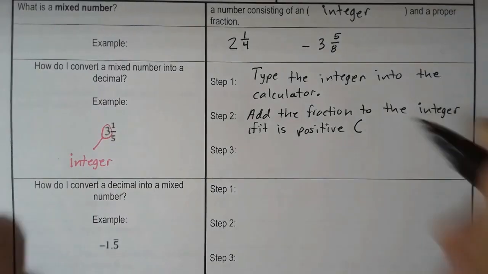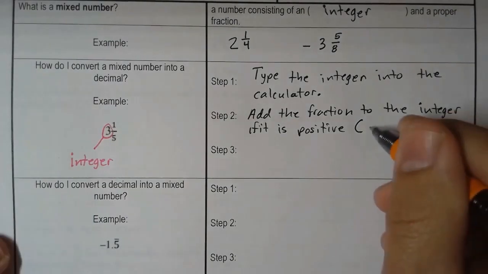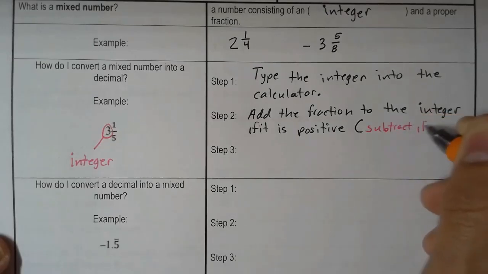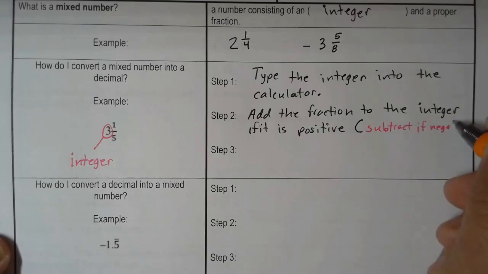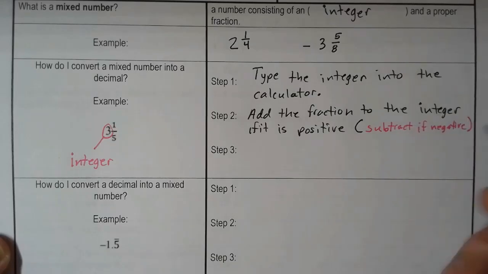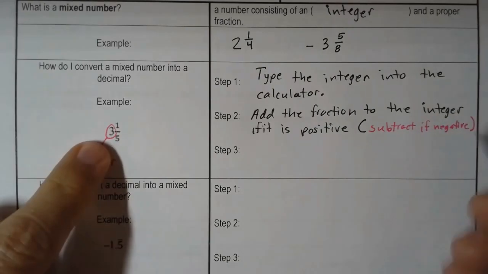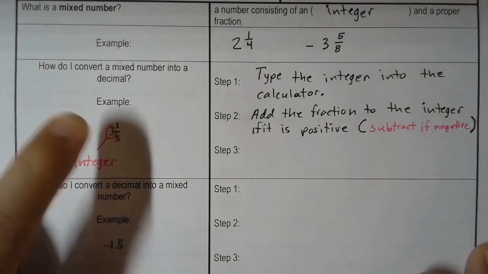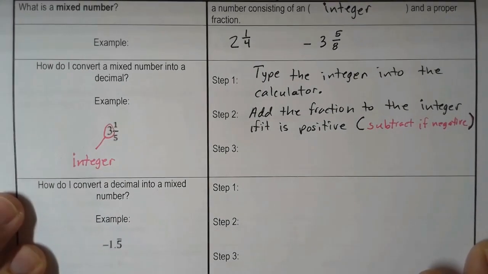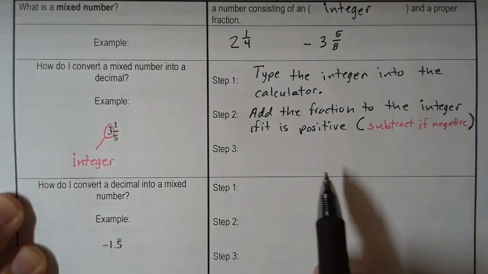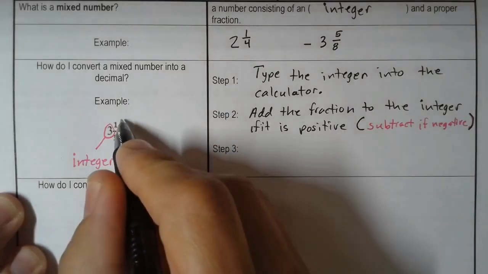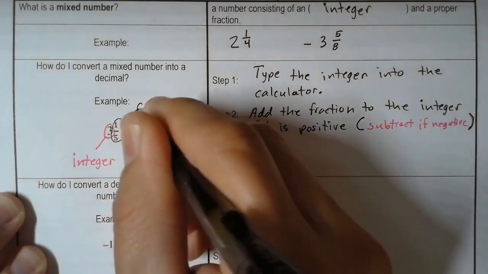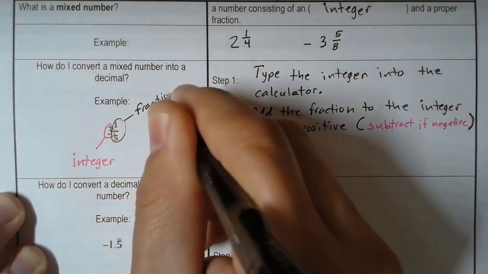And we're going to put a note right here: subtract if negative. In other words, if that integer in front of the fractional value is negative, you're going to have to subtract it instead of add it. And I'll show you why in just a moment. When I'm talking about the fraction, I'm actually talking about the 1/5. So we're going to say that's the fractional part of this.